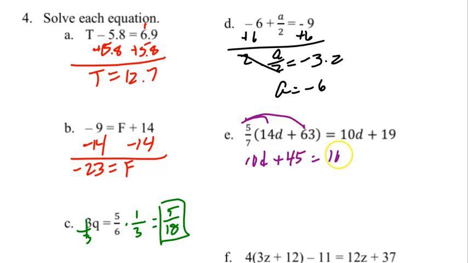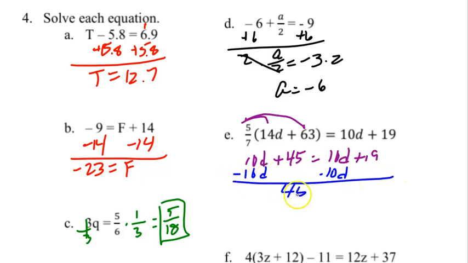And this is going to equal 10d plus 19. Now to get the d's to one side, I'm just going to subtract 10d on both sides. And I'm left with 45 equaling 19. That never works, so that means there is no solution.